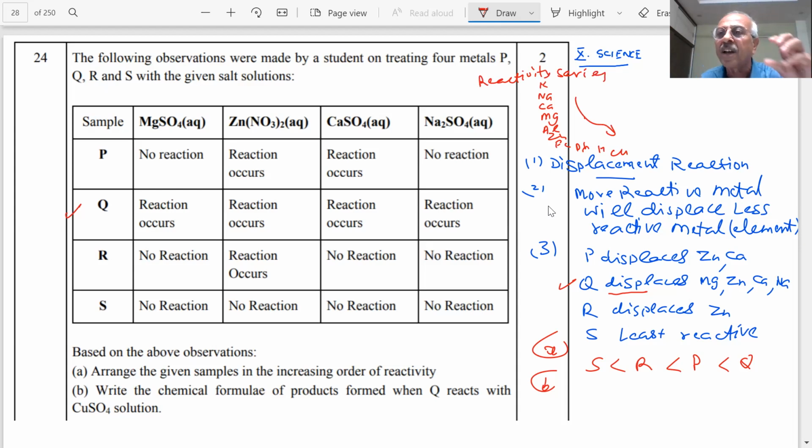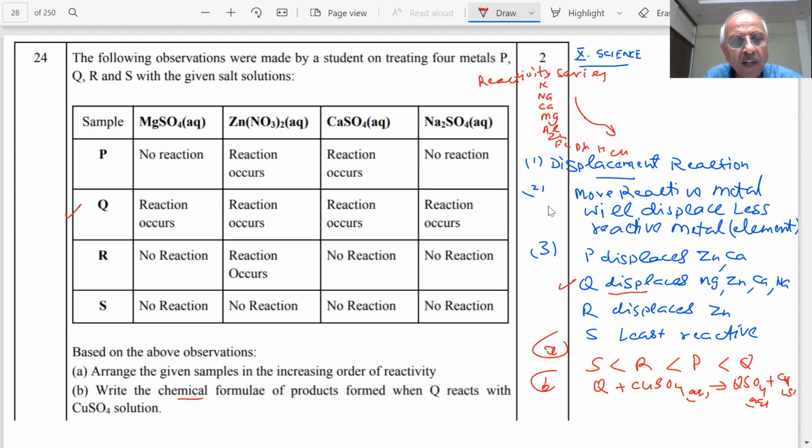The valency of Q is not mentioned. Supposing the valency of Q is 2, what will be the product, students? Q will react with copper sulfate and displace copper. The product is QSO4 aqueous, and copper is formed. So Q has displaced copper.